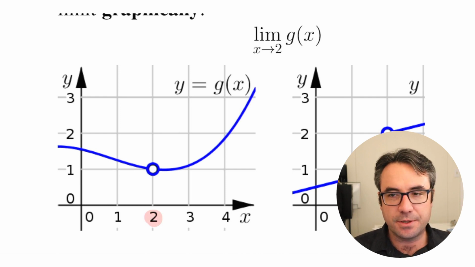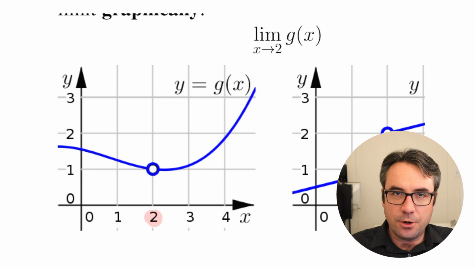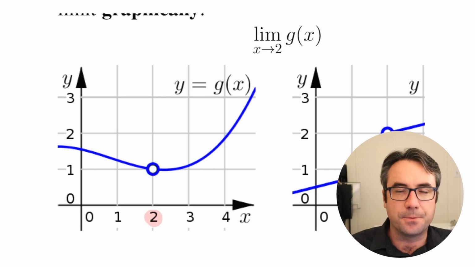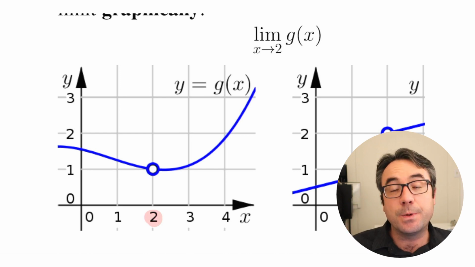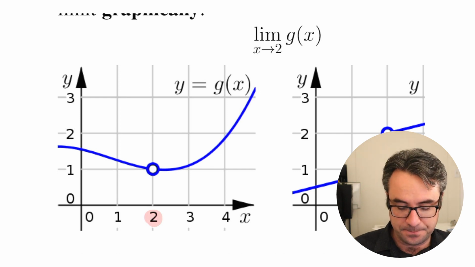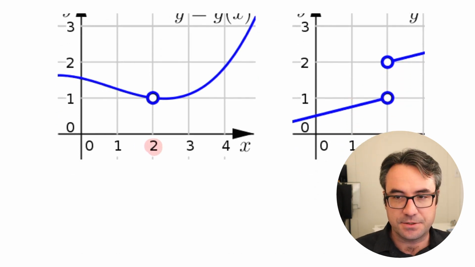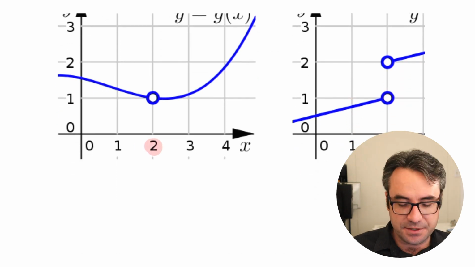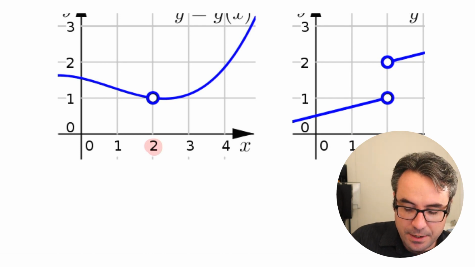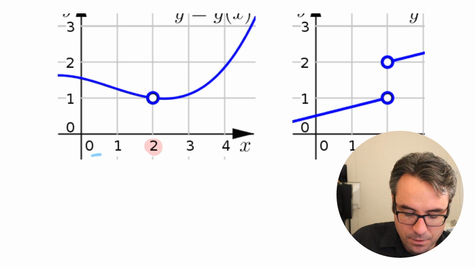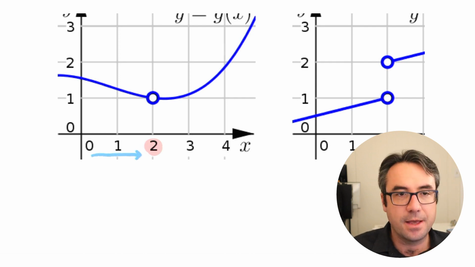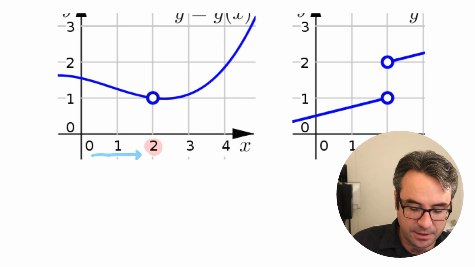For limits, we don't want to know what happens right at x equals 2. We want to know what happens as we get close to x equals 2. So let's start with the left side. We can approach from this direction, and that's the left.